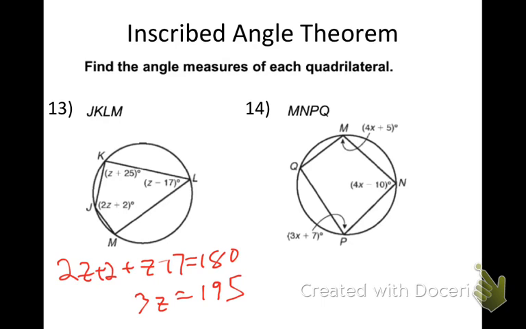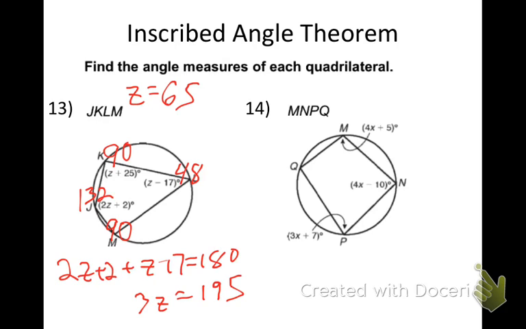Which means then you get z equals what? z equals 65. And then you plug it back in. So z equals 65, which means this angle is 90. This angle is 90. This one I get is 48. And then the other one has to be 132. Nice job.